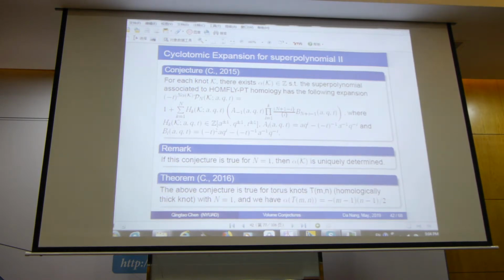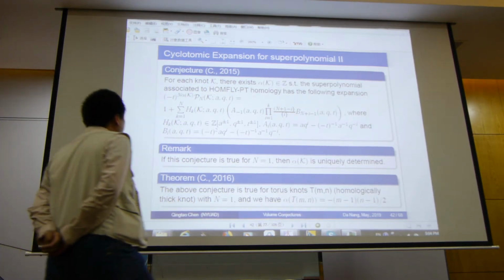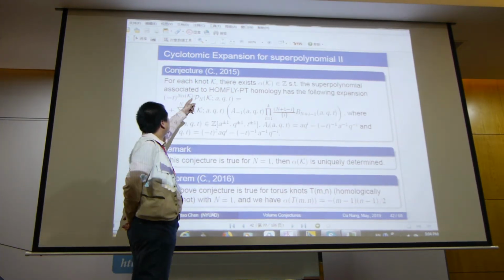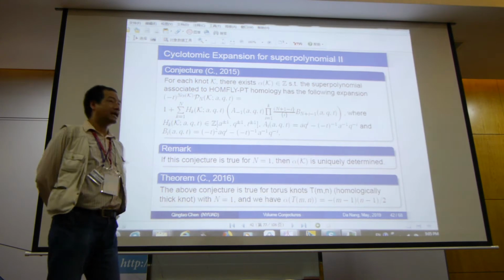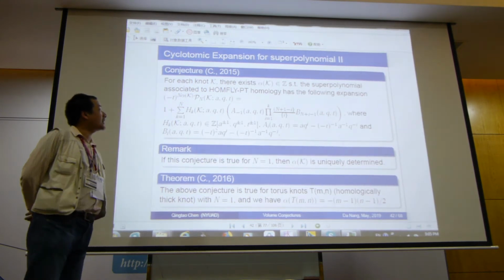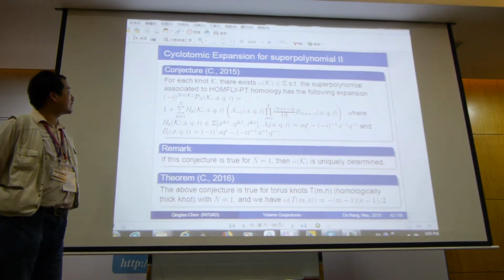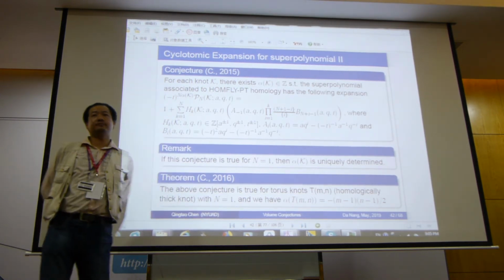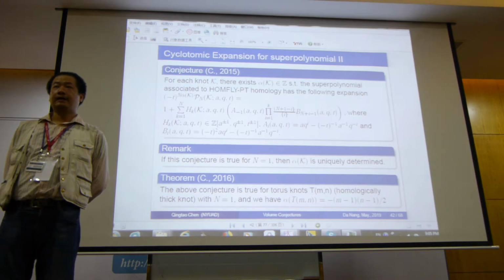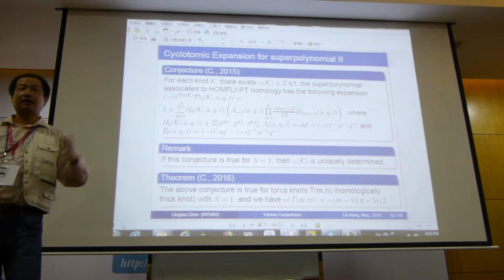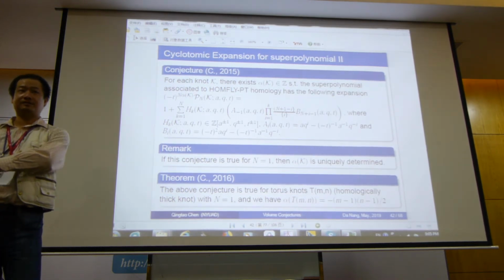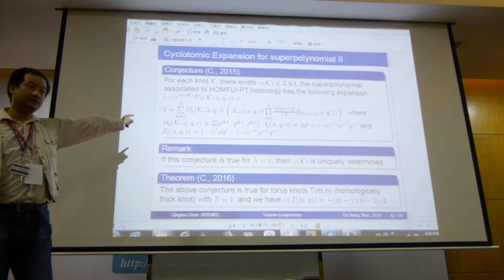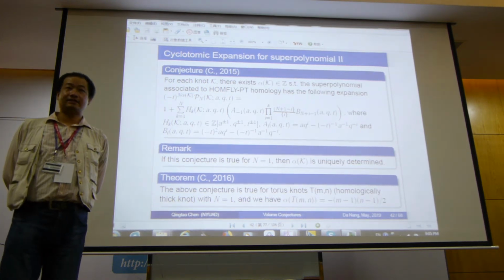So this is our main conjecture for the super polynomial. For the super polynomial, I introduced a new byproduct, the alpha k. After adding this additional term, it also has a cyclotomic expansion. I checked all the computations from mathematicians and physicists, all the formulas, and this conjecture is satisfied.